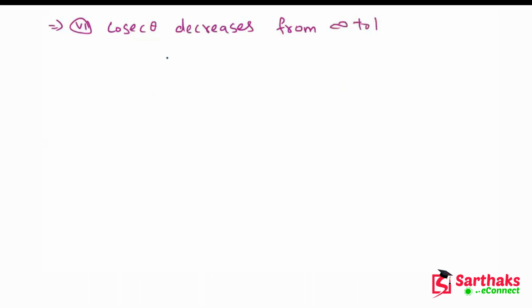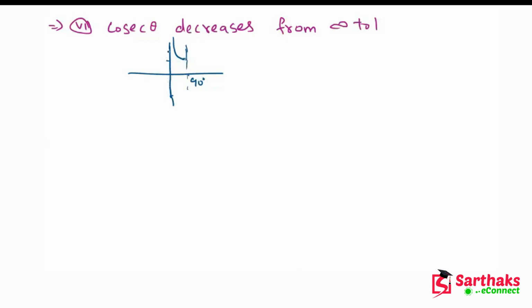Okay, so the graph of cosec theta is like this. The value of cosec 0 is infinity, and the value of cosec 90 is 1. So the graph of cosec theta is like this.